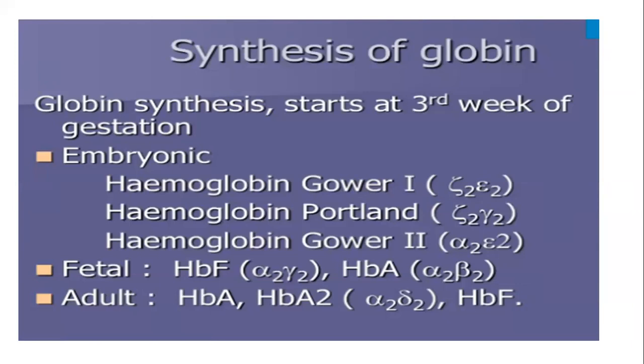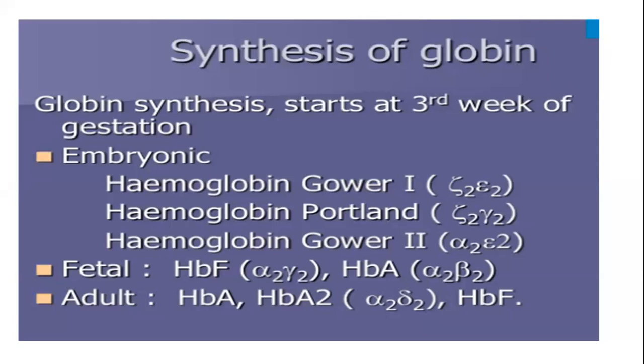For example, as an embryo, you can get hemoglobin Goa, and I think you may have learned this in embryology, where you have hemoglobin Goa 1. You can also get hemoglobin Portland. You can get hemoglobin Goa 2, and you can see the various combinations, all right, of the alpha and the beta clusters, all right?